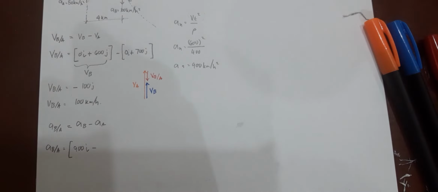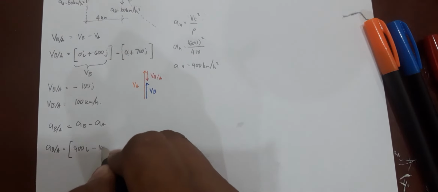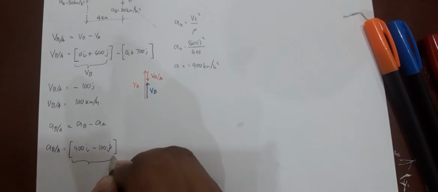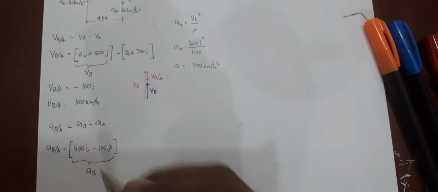Is that 100? Yeah, it is 100 j, since it is your y component. Again, let me emphasize, this one is your aB.